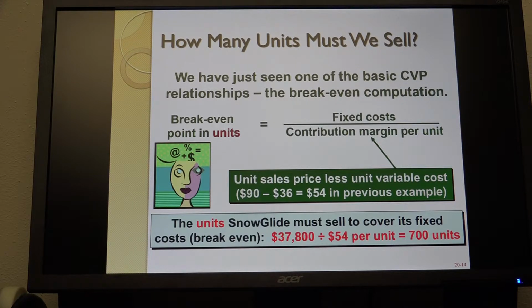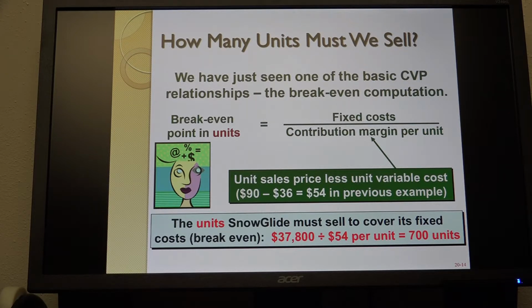So one of the questions we mentioned that we could answer with this CVP analysis is how many units must we sell to break even? And that's kind of what we just did. So break-even point in units equals, as your numerator, the fixed costs.